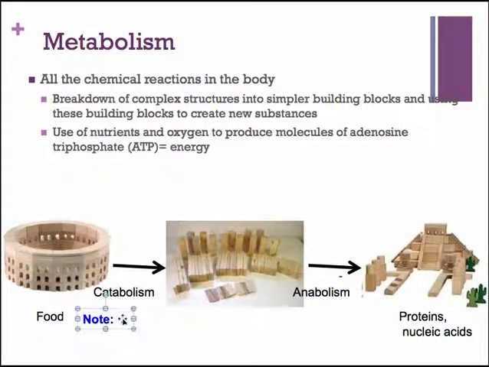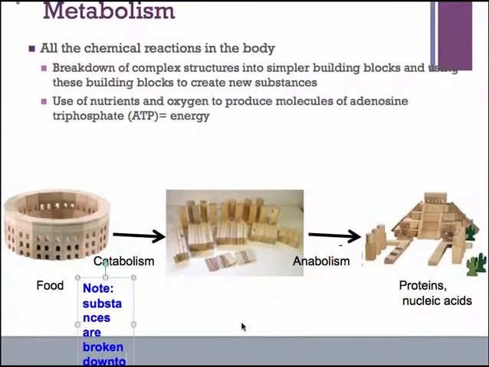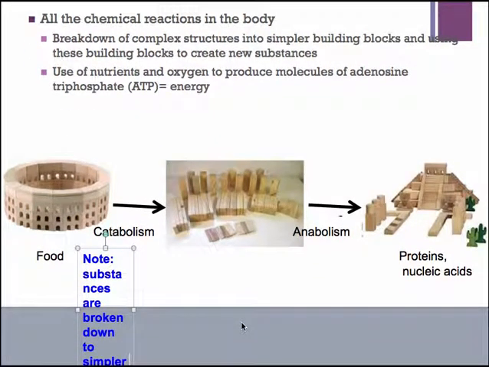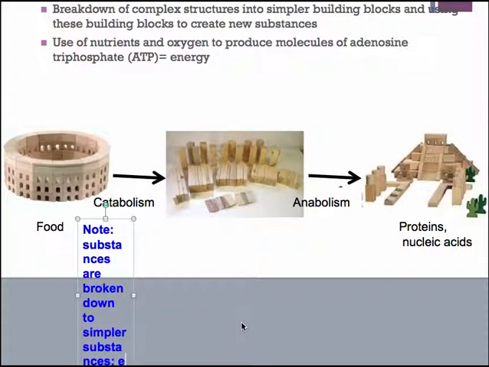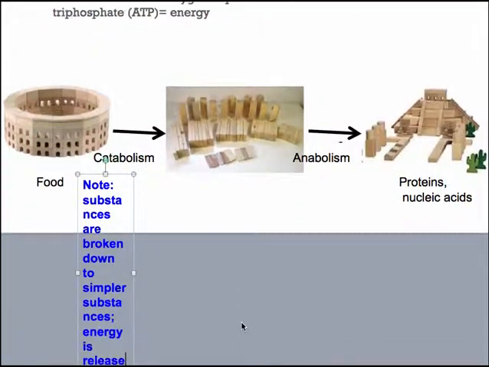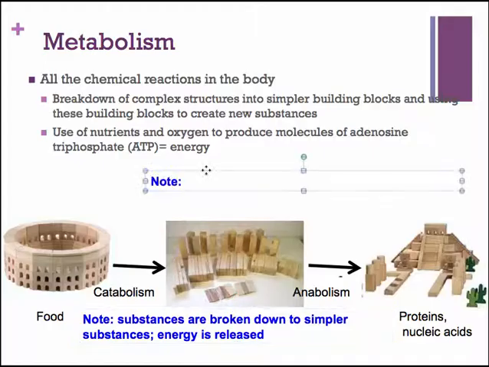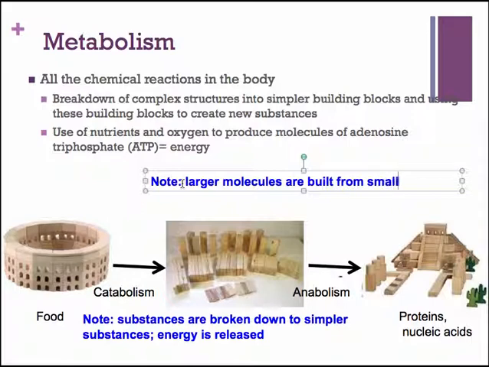This is when substances are broken down to simpler ones and energy is released. Anabolism is when larger molecules are built from smaller ones. Okay, so you can take something completely different, like a piece of chicken, break it down into amino acids, and then form these enzymes.